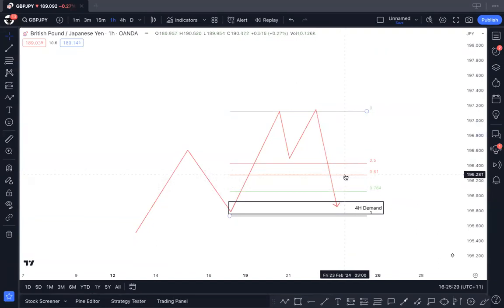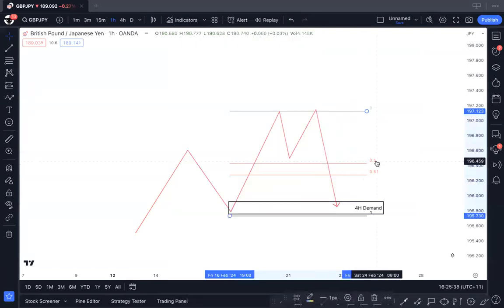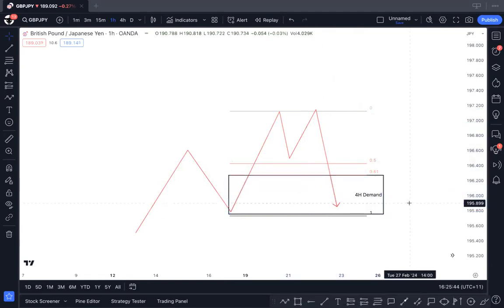It's 0.62 and 0.7. Oh, okay, I see. Look, anything below that 0.5 level is completely valid. In EU, I have seen a lot of times that zone getting respected. That's why I used 0.62 and 0.7.